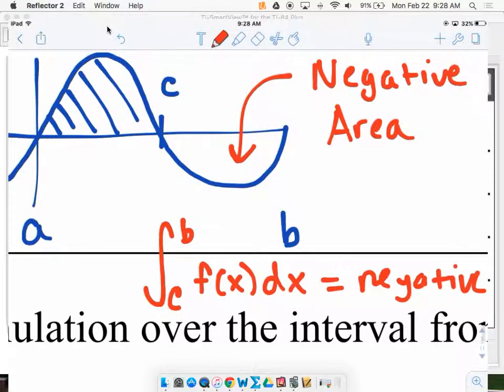Again, I do not want that, because if they're asking for area, it has to be positive. So all I'm going to do is slap on a negative out front. So now when I do the region from this letter to this letter, it's going to give me a negative, but then I have that negative out front, which will make it a positive.